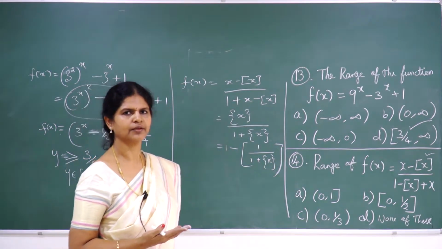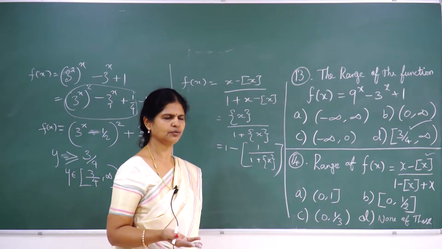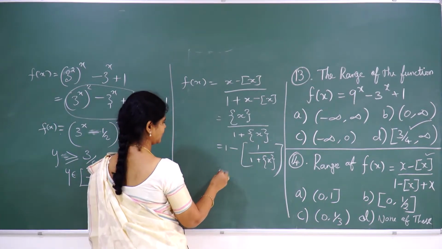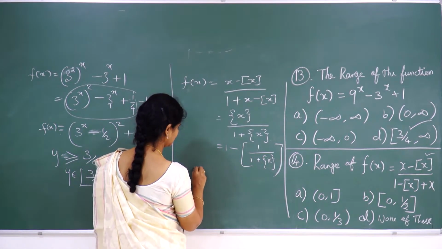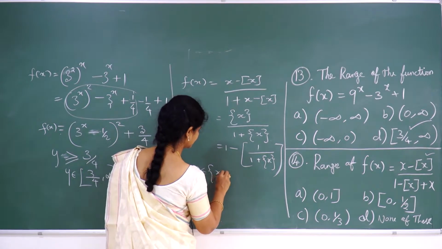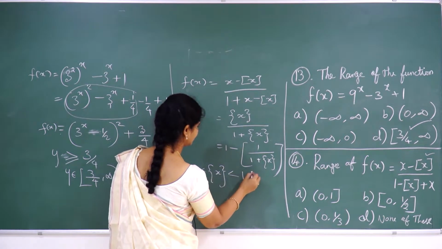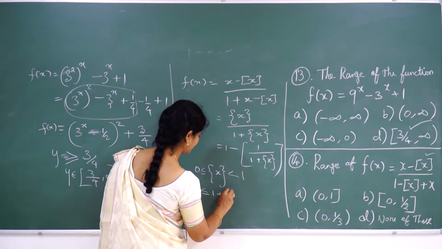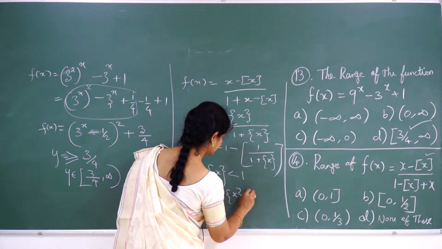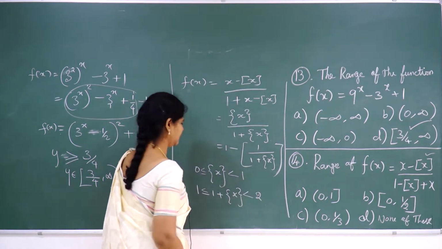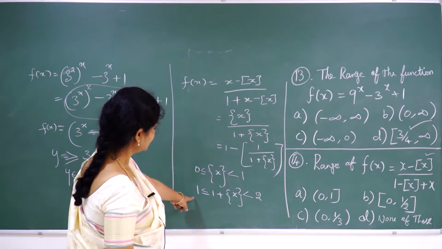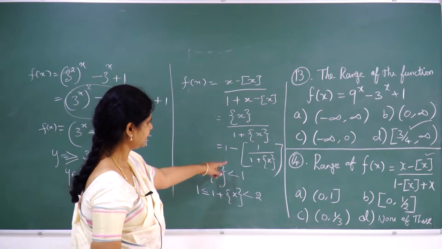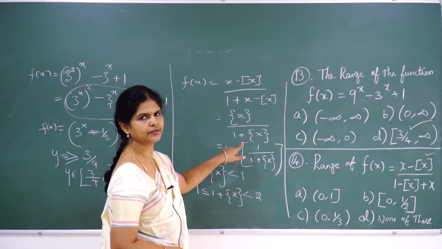Now you know the fractional part lies between 0 and 1, that is 0 less than or equal to the fractional part less than 1. Next add 1 both sides, you get 1 less than or equal to 1 plus fractional part less than 2. Next you reciprocate and multiply by a negative sign.